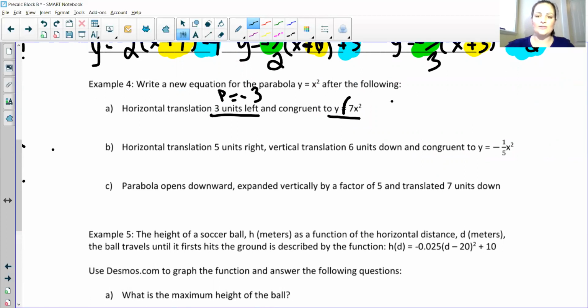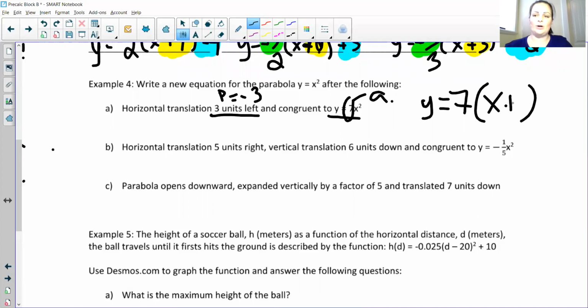This gives us our A value. Because it hasn't mentioned anything about being a mirror or moving up or down, we don't have to worry about changing the sign of the number in the A position, and we don't have to worry about having anything in the Q position. So this just becomes y equals positive 7, and then because it moved 3 units to the left, this becomes positive 3 squared.